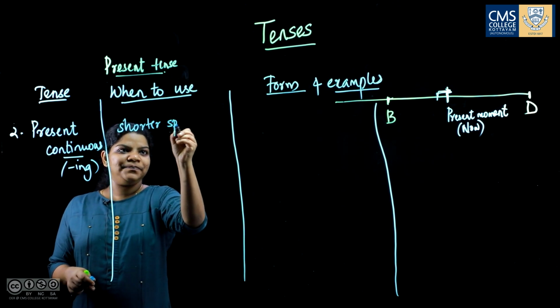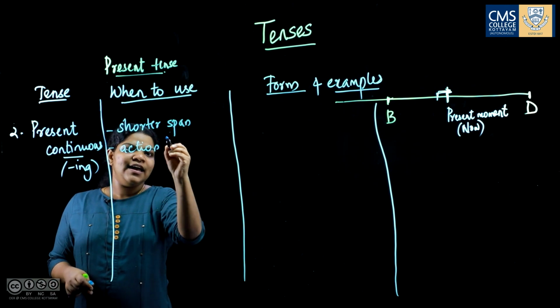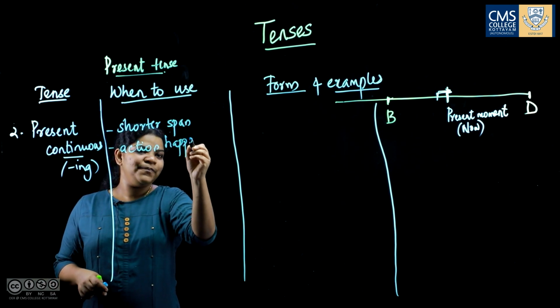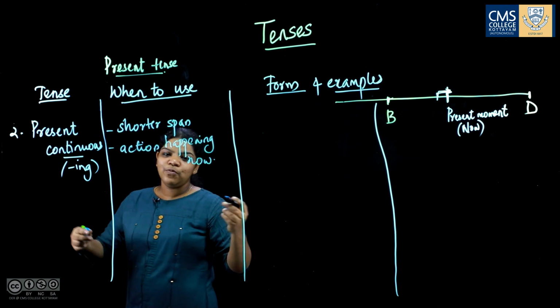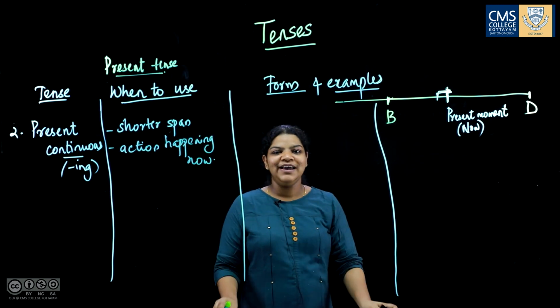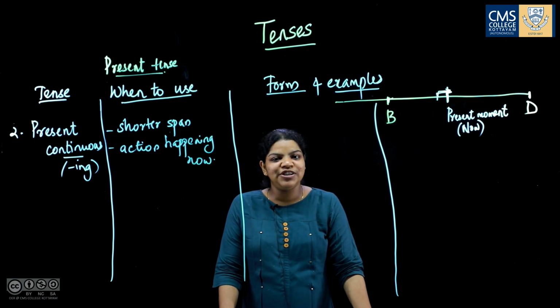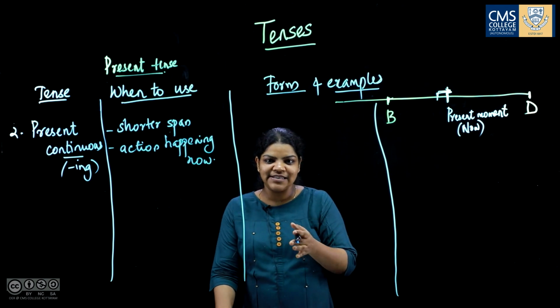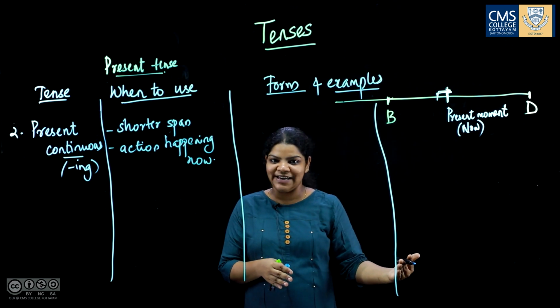Shorter span. And it is the action happening now. Now, when I want to use a sentence right now in present continuous tense, I would be saying, I am teaching tenses. I'm teaching tenses right now. It started some time back. It is happening now. It might continue for some more time.